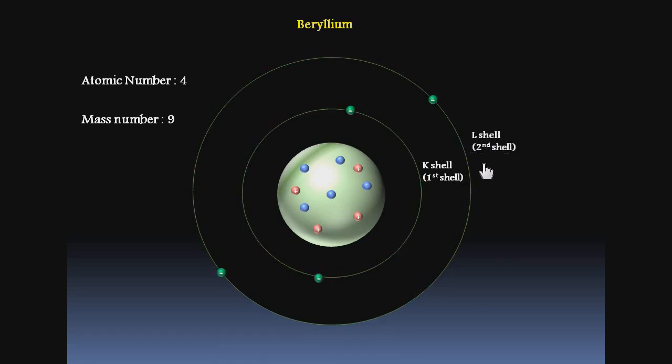Here L shell is the outermost shell, and hence L shell is the valence shell. In the L shell we have 2 electrons, hence number of valence electrons is 2. This 2 is less than 4, hence valency is equal to number of valence electrons, because number of valence electrons is less than 4, and hence valency is equal to 2. So beryllium has a valency of 2.